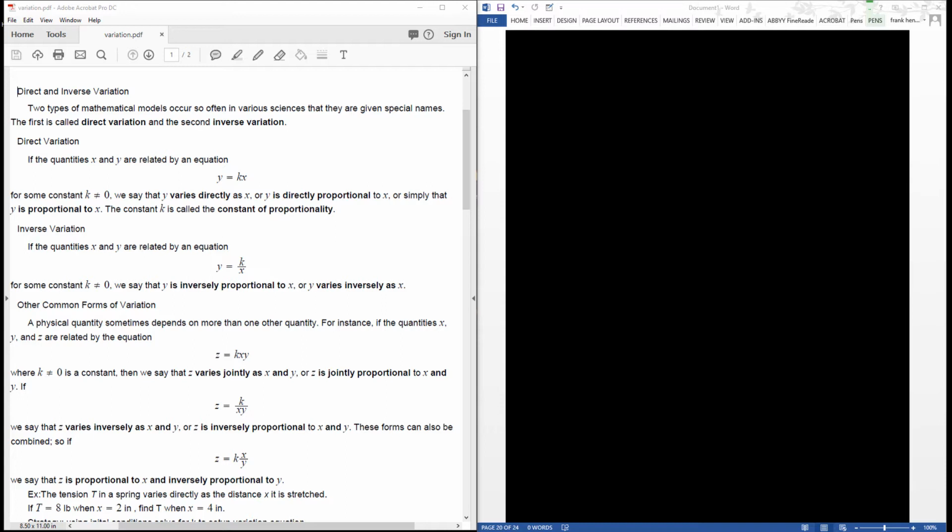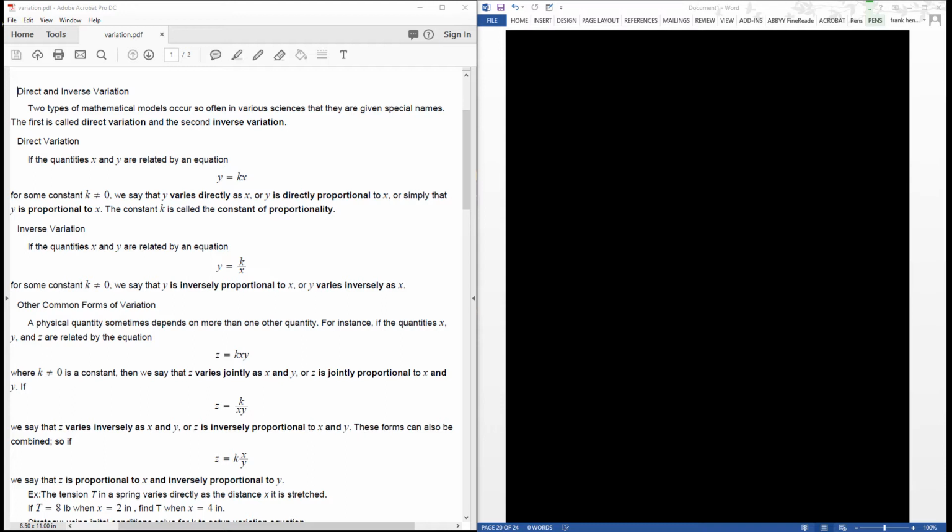Direct variation. If the quantities x and y are related by the equation y is equal to kx for some constant k, we say that y varies directly as x, or y is directly proportional to x, or that y is proportional to x. The constant k is called the constant of proportionality.